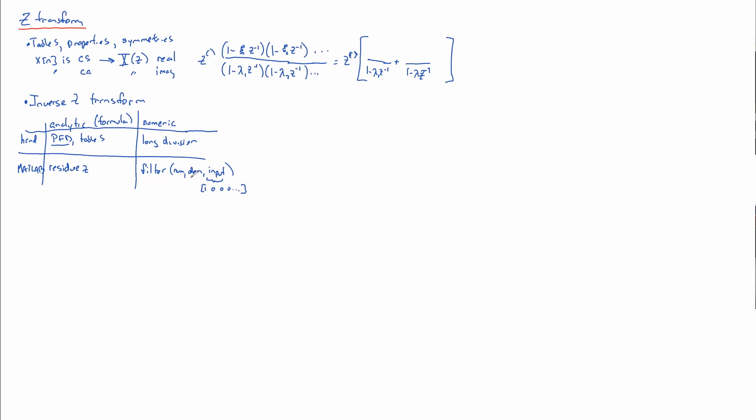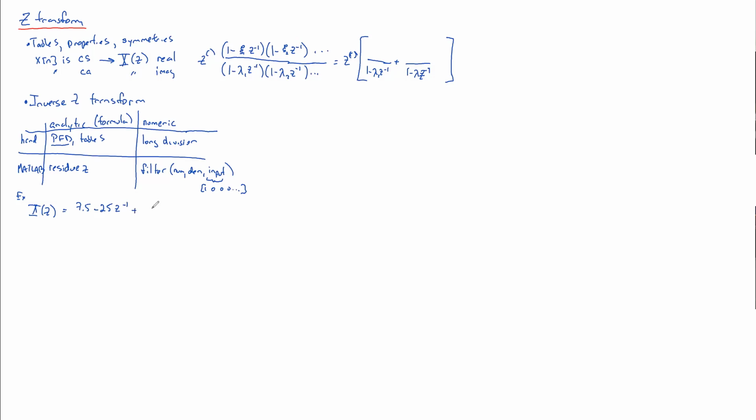All right, that's a lot of stuff. I'll just remind you how residuez works, as an example. If x of z was 7.5 minus 25 z to the negative 1, and so on.